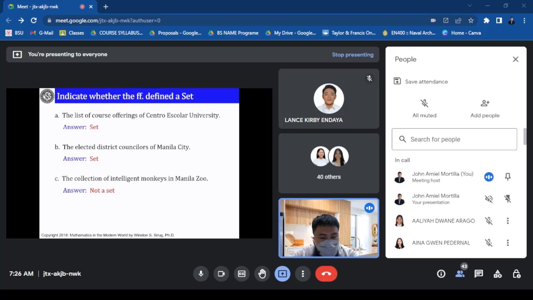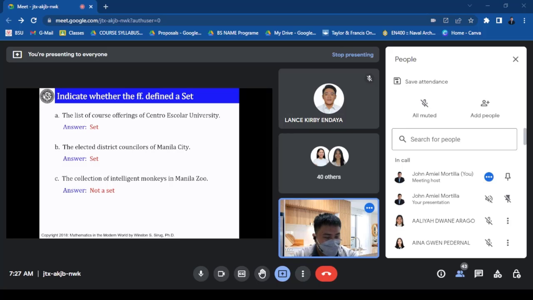So, what is the key? Collection of intelligent monkeys. So, hindi mo alam kung intelligent ba yung monkeys doon sa Manila Zoo. Nagets niyo ba? At hindi natin alam kung ilan ba doon yung monkeys na sinasabi. So, bakit? May iba't ibang variant ng monkeys. Meron tayong mga gorillas, meron tayong mga chimpanzee, so orangutans.